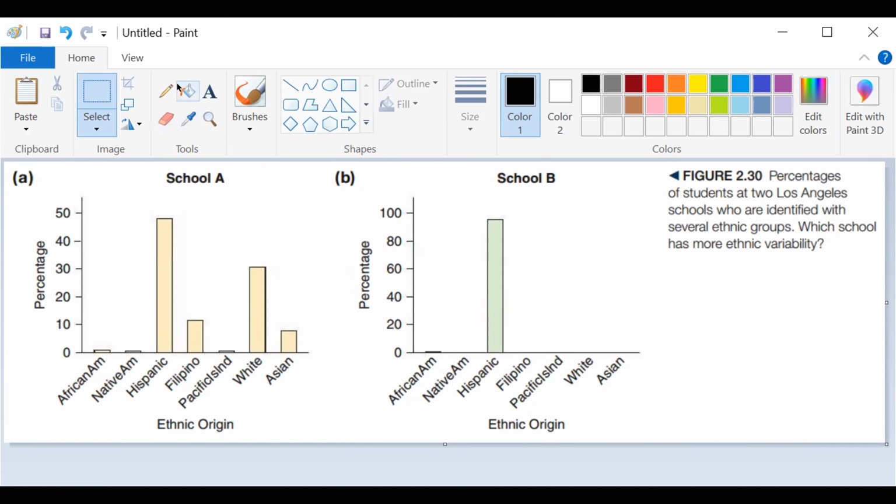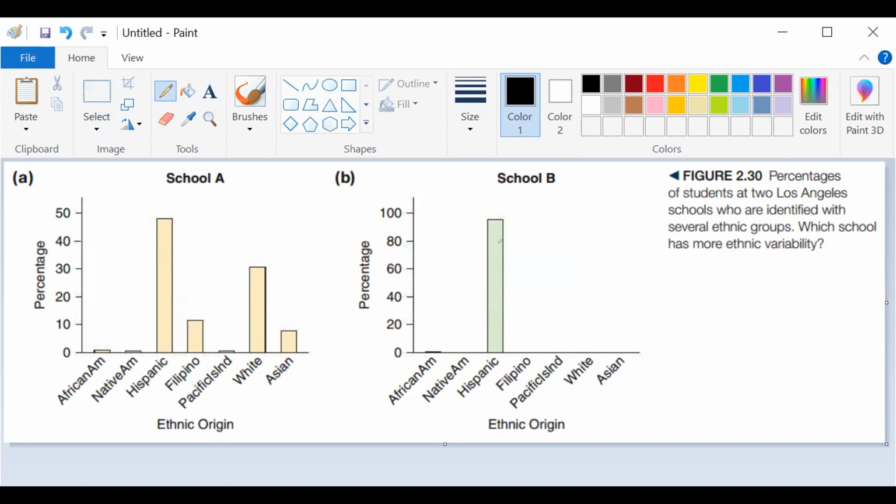So it does fit with the title of the topic. If you look at these two, you can see, first of all, that there's a multitude of different possibilities at school A. We've got 1, 2, 3, 4 different categories that have at least some significance there. There are tiny numbers in these other categories, but we do have 4 different categories of some significance, whereas school B essentially only has 1 category.